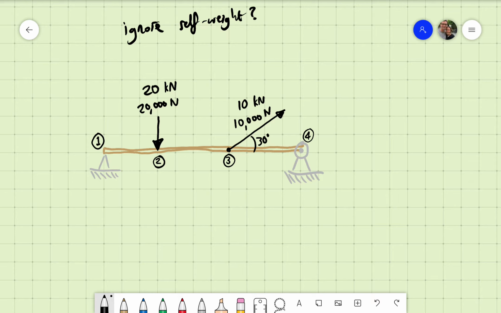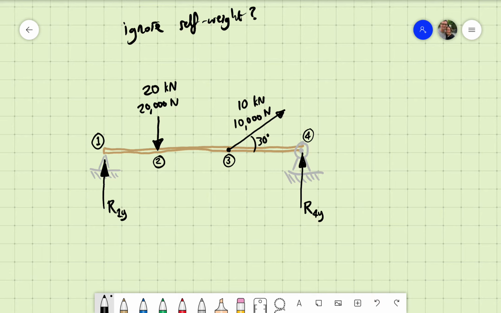So there is going to be a single unknown vertical reaction force here. I'll call this R1Y because it happens at location 1 and it's vertical. For a pin joint, we have one unknown vertical. I'll call this R4Y because it's at location 4.